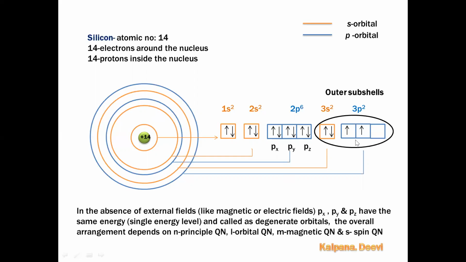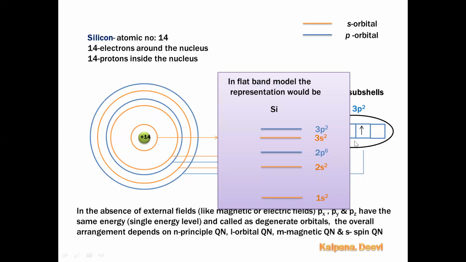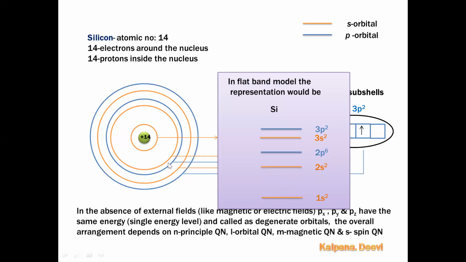This electronic configuration we can represent in the flat band model. Here, each level shows a particular orbit in the atomic structure of the silicon atom: 1s2, 2s2, 2p6, 3s2 and 3p2. So these all are the energy levels of the silicon atom.